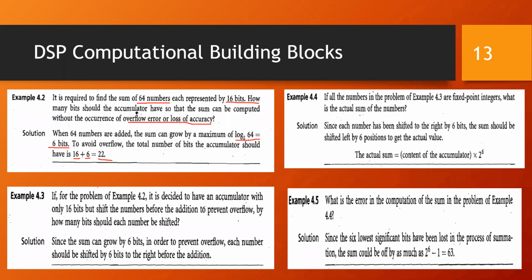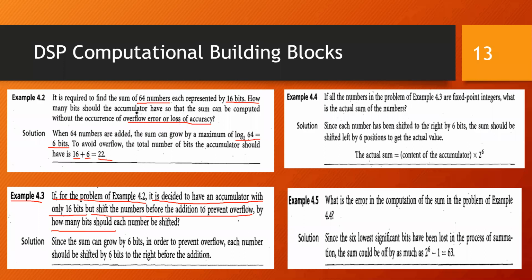Now coming to the next one, that is, sorry, here in 4.3. If in the problem in 4.2 it is decided to have an accumulator with 16 bits, it is intended that the accumulator is 16 bits, but shift the numbers before addition to prevent overflow.